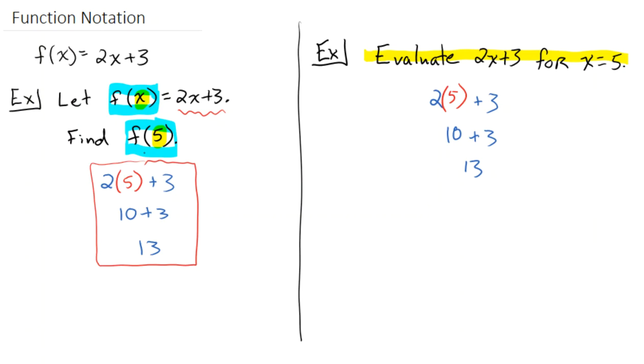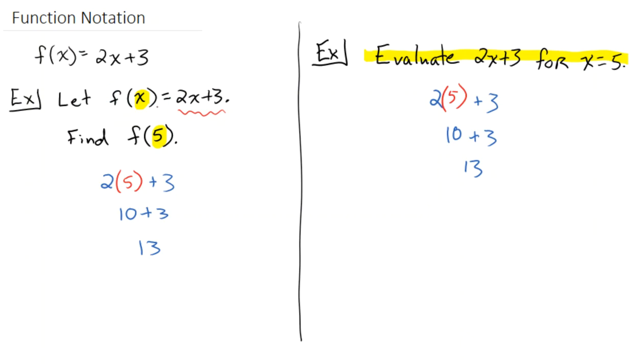Now, some people have a hard time leaving that left side behind, and it causes problems. I encourage you just to take the right side, plug stuff in like you're evaluating an expression, and leave the left side behind, because otherwise it can cause some errors of misunderstanding.